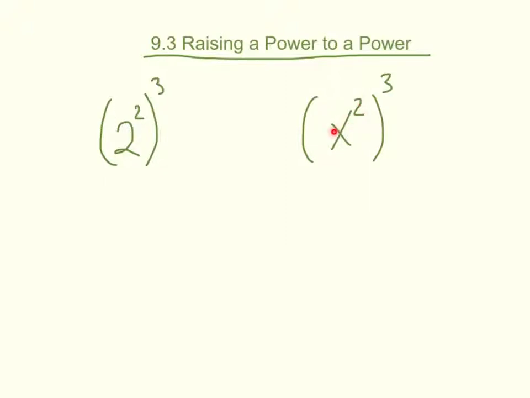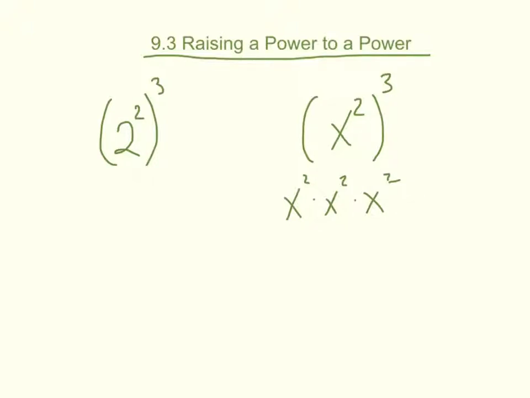I can't do this exponent, but perhaps I can do something with this guy right here. This right here, being raised to the third power, simply means, in expanded notation, that I have x squared times itself 3 times. X squared times x squared times x squared. Okay, that makes sense so far.